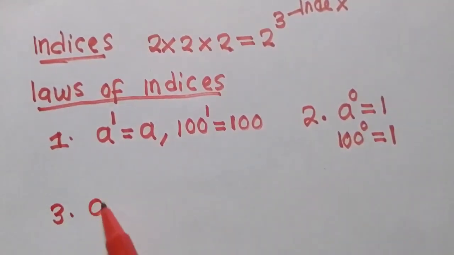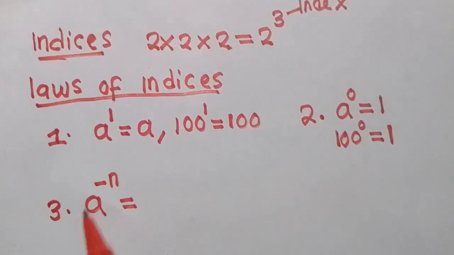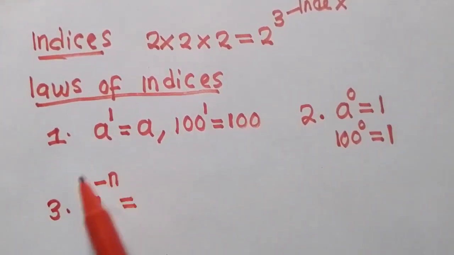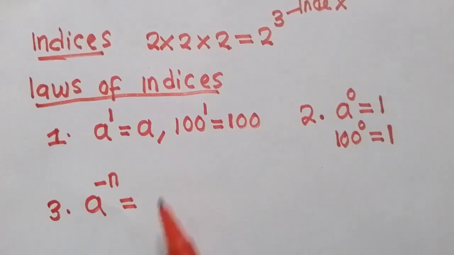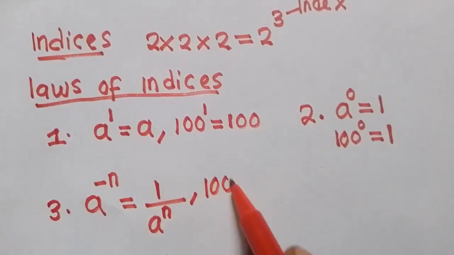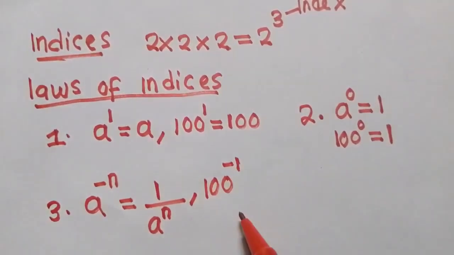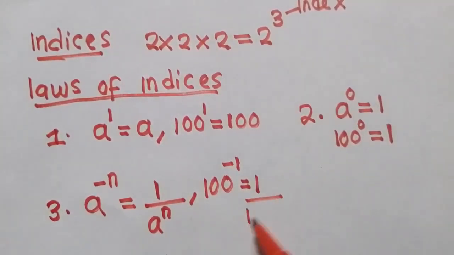The third one, if you say a to the power negative n, what does it mean? So whenever you see a negative index, it means a negative power. When you want to change from a negative index to a positive index, you just say 1 over a to the power n. So if you've got 100 to the power negative 1, this is just the same as 1 over 100.